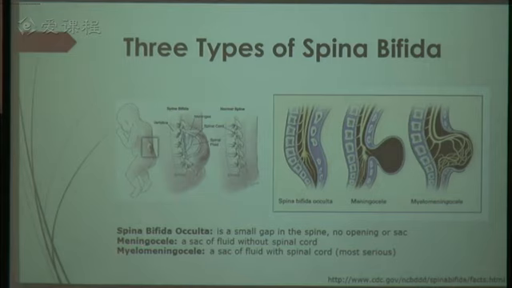The most serious is myelomeningocele, on the right here. You can see the spine, and there's a protrusion of a sac with fluid, spinal cord and nerves. Usually, a baby with this will have some disabilities later.